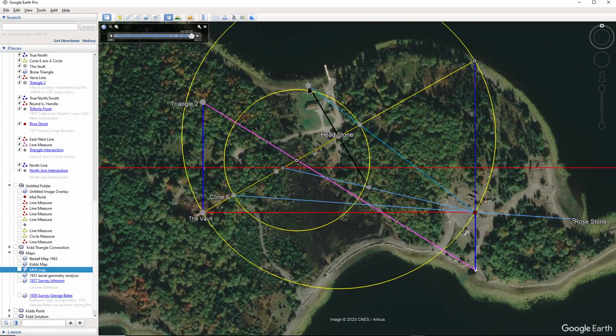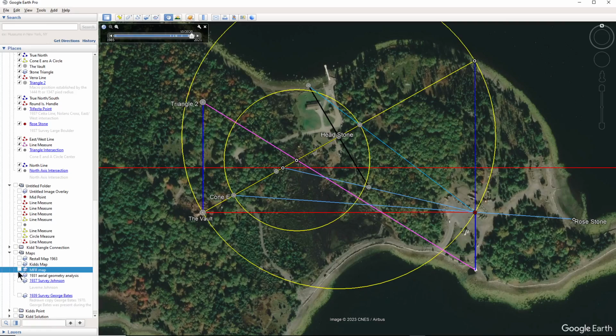Here's my line from cone C to cone A that goes down like this. The line that I use from cone B comes from a point which is called the east-west intersection.